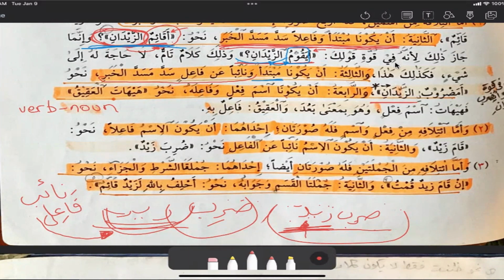But it's a nominal. And then you might scratch your head and say, so how does that work then? How do you know it's a nominal? The answer goes back to the identifiers of nominals, the identifiers of verbs.